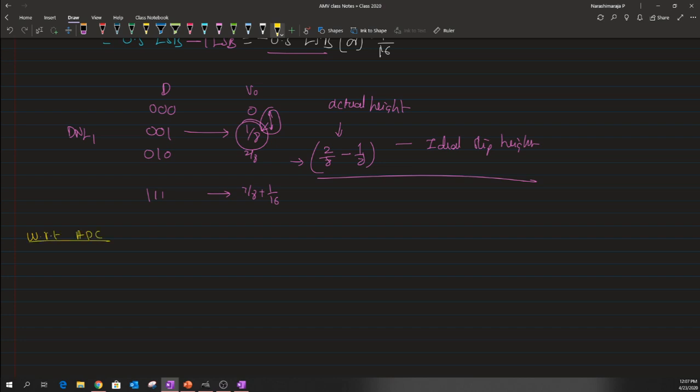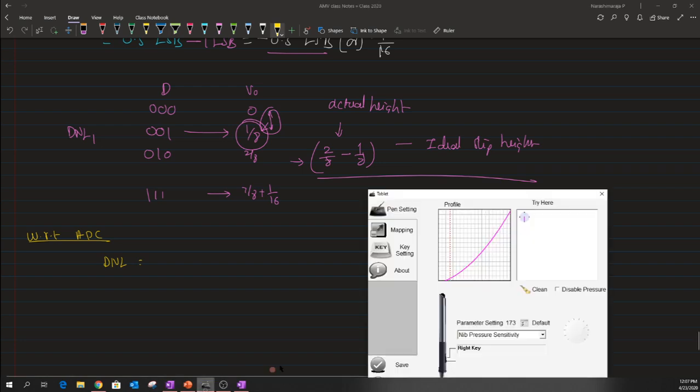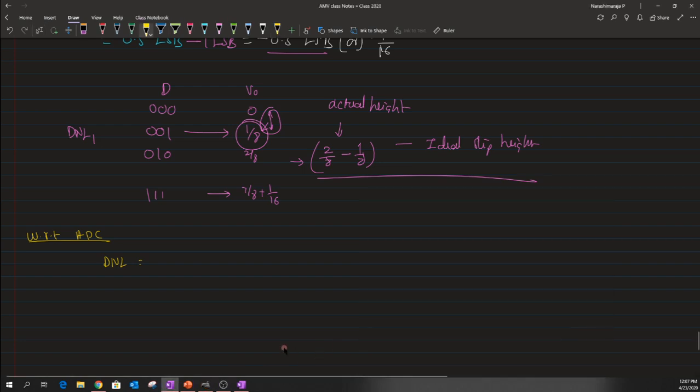Now, with respect to ADC, let me try to define the DNL. With respect to ADC, the DNL will be a little bit different, which means that we have to think about the transfer characteristic of this particular ADC. We know that for an ADC, the x-axis is nothing but your input, which is in terms of an analog signal.